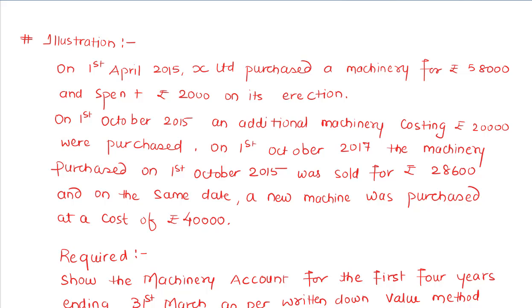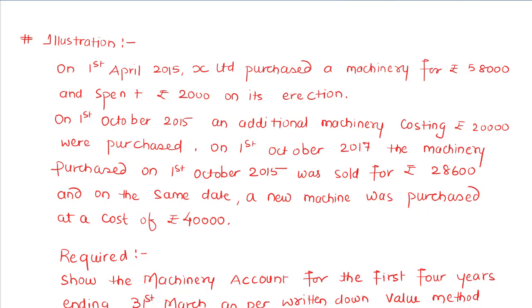So basically, on 1st April 2015, X Limited purchased a machinery for 58,000 and spent 2,000 on erection. That means this 2,000 is to be capitalized and the total value of machinery would be 58 plus 2, that is 60,000. On 1st October 2015, an additional machinery costing 20,000 was purchased.